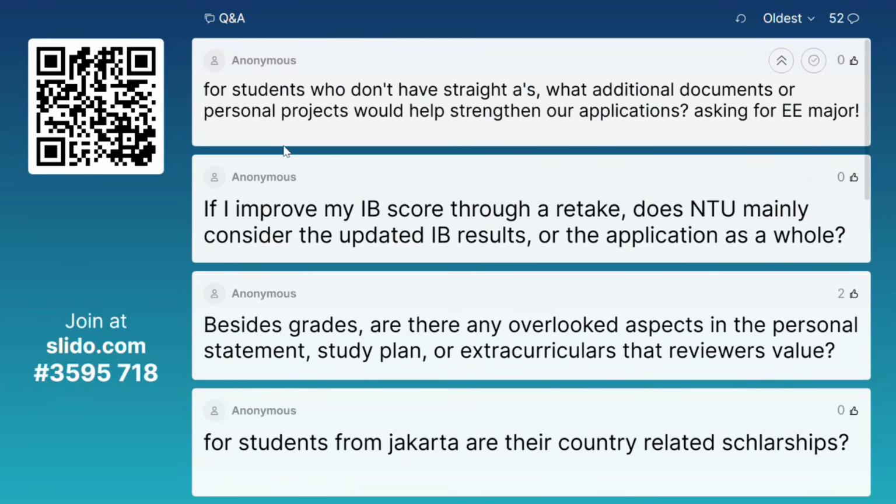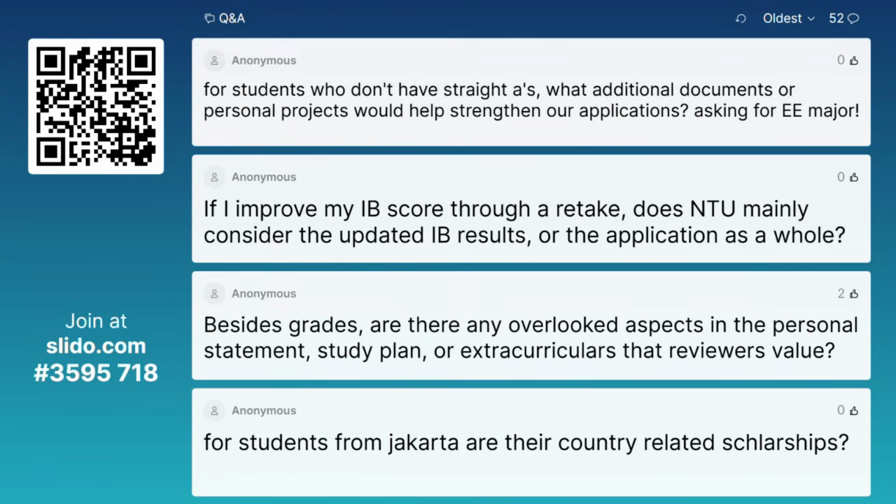So for students who don't have straight A's, what additional document or personal project would help strengthen their application? I think it's up to you. Do something that relates with your major.